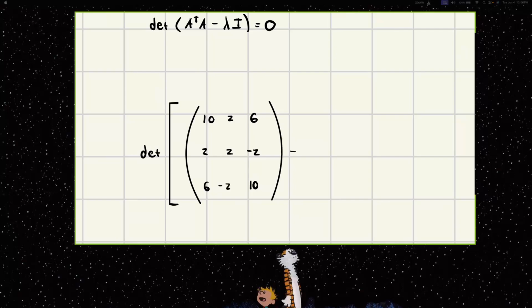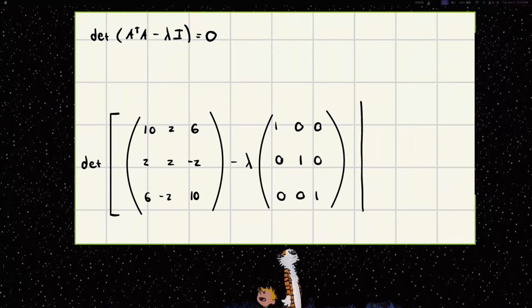Minus lambda I, so lambda, so 1, 0, 0, 0, 1, 0, 0, 0, 1. And this is equal to 0.